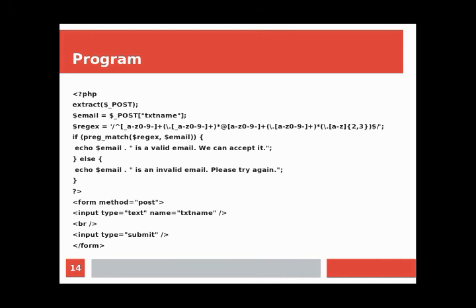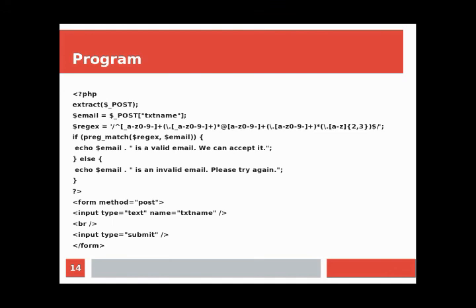Then your regular expression, we have seen or completed in the theoretical part. So $regex, regular expression or regex you can say, $regex equal to, and within that we have given the code for a valid email. We already covered it in the theory, so here it is given as it is.